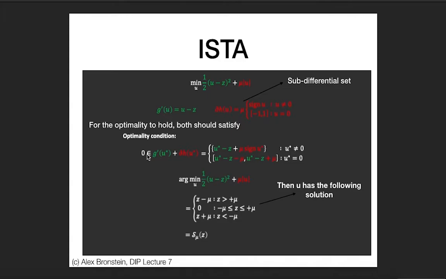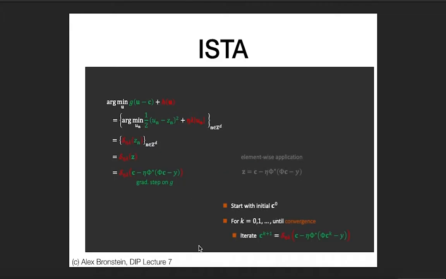When you replace it, we end up with a shrinkage operator, which can be denoted by S mu of z. You've seen all of these in the class, I'm just recalling. So basically, in our ISTA, at the end we end up with the following thing.